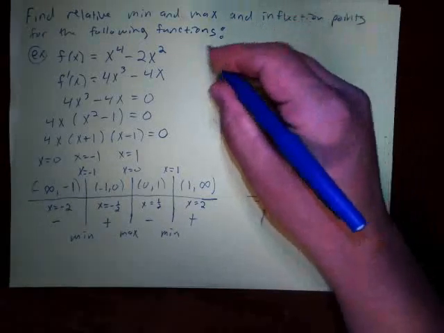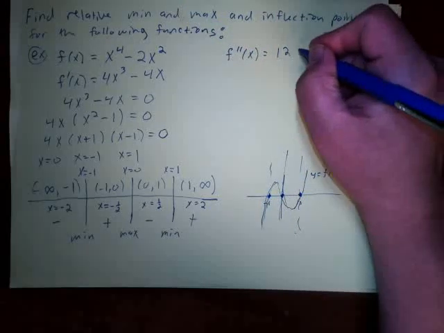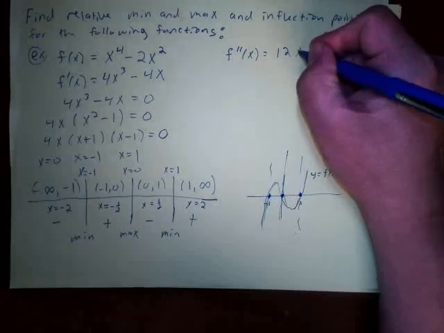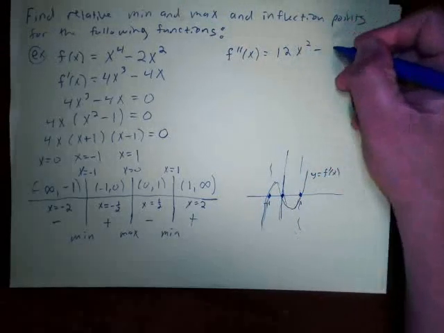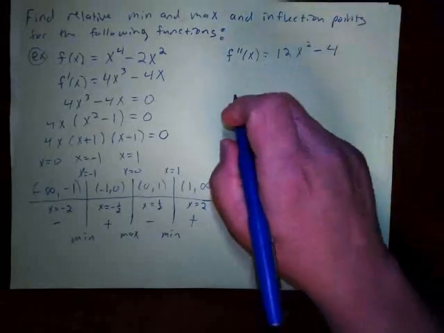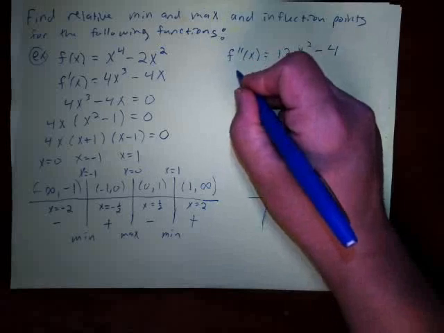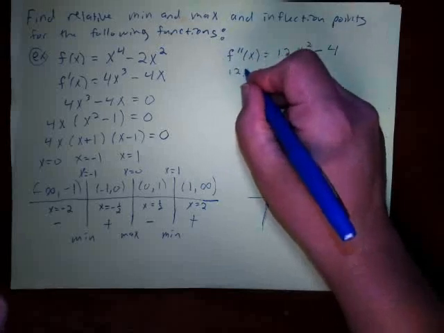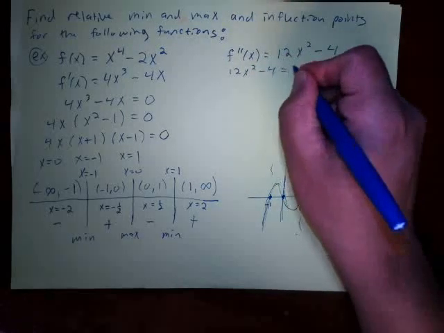And when I do this, I get 12x squared minus 4. Okay, and then what I'm going to do here is set this equal to 0. So 12x squared minus 4 equals 0.